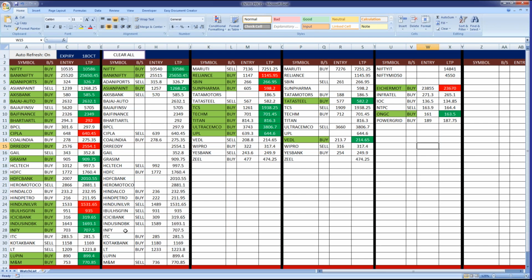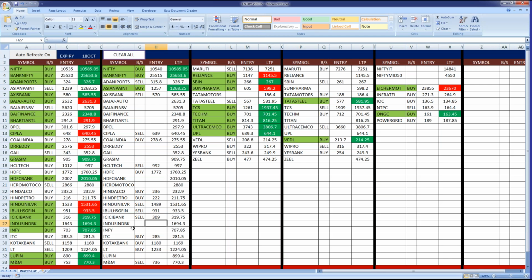As soon as, now IndusInd Bank, let me give you an example. Your short-term and long-term calls are both in green. My long-term here is 1643, so I will not type here because I already have that.